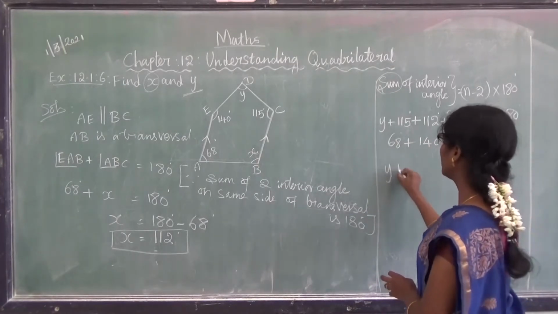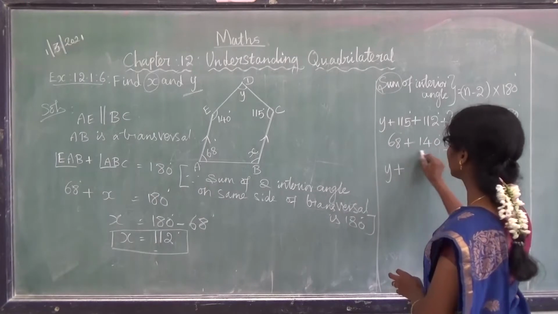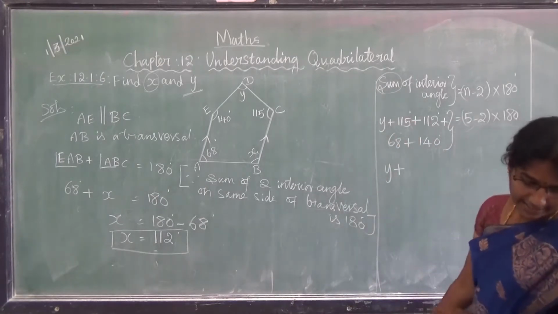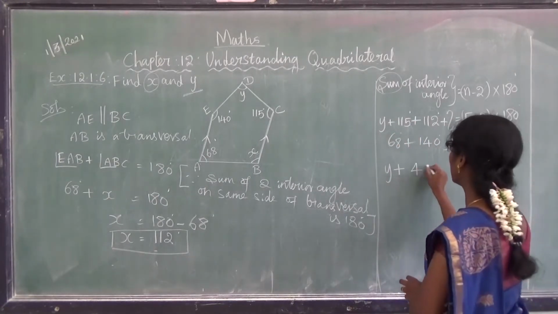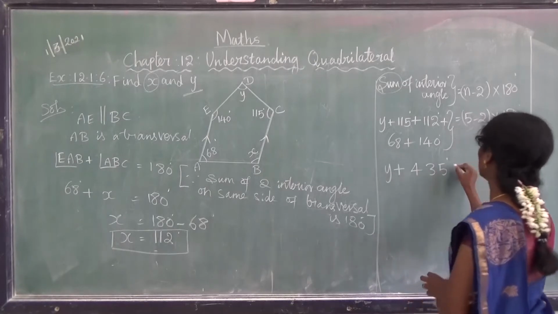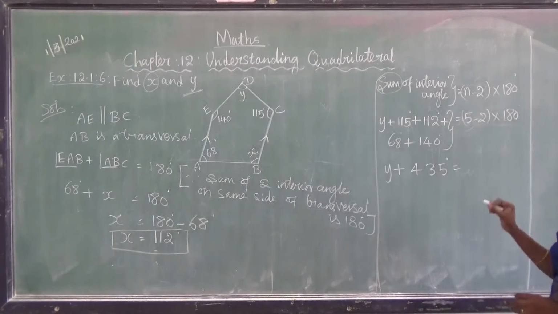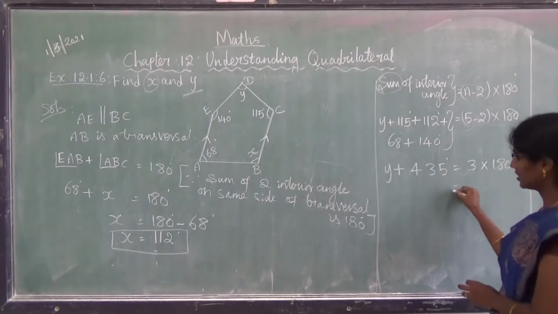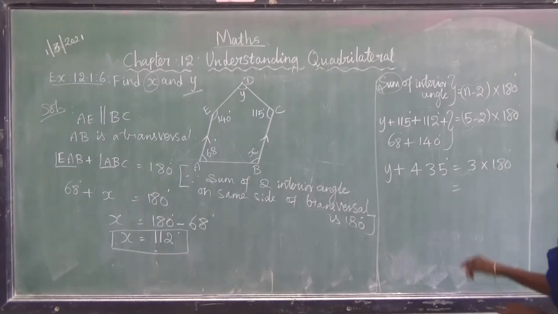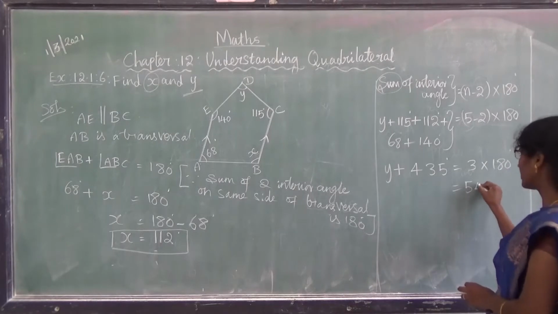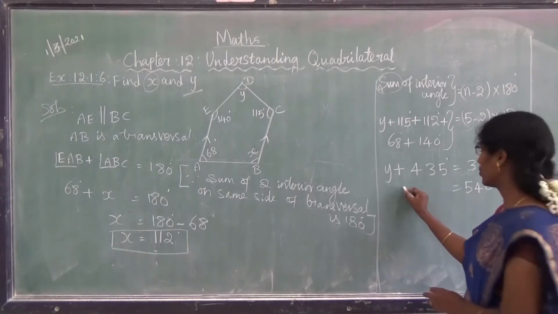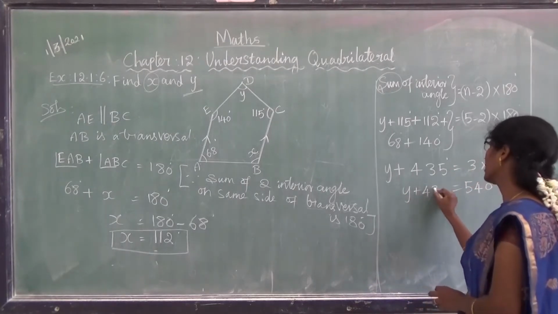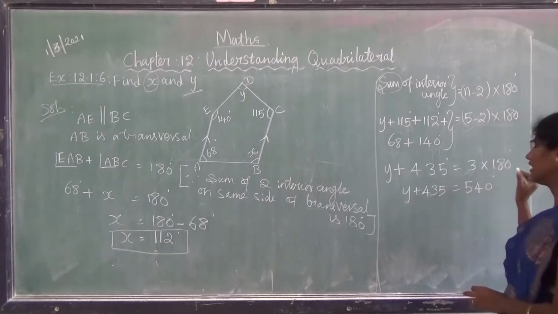If I add these four angles, we will get 435 degrees, which is equal to 5 minus 2, that is 3, so 3 into 180 degrees. If we multiply 3 and 180, it is 540 degrees. So y plus 435 is equal to 540 degrees.